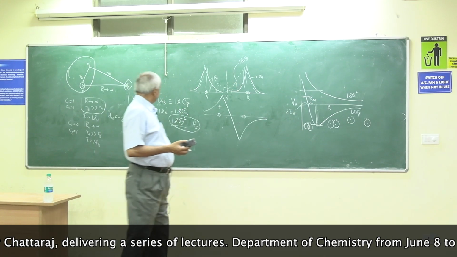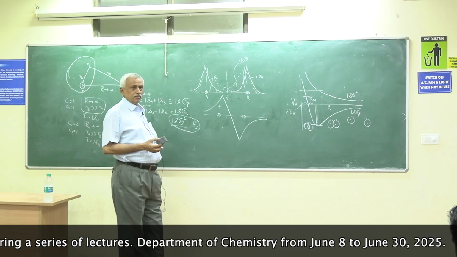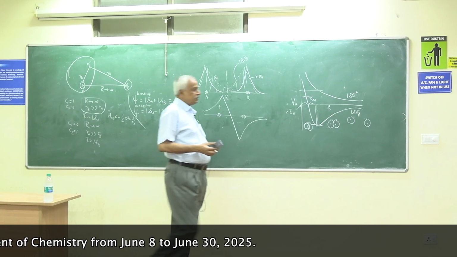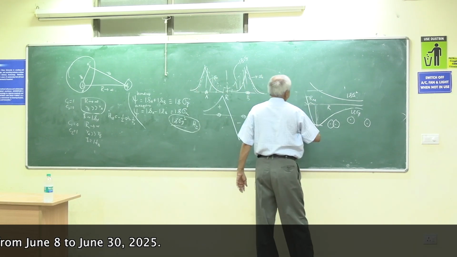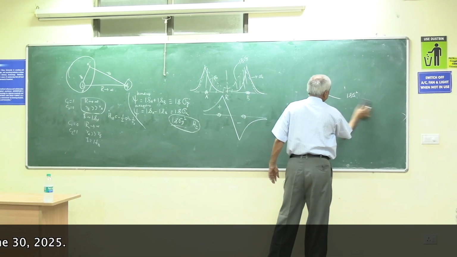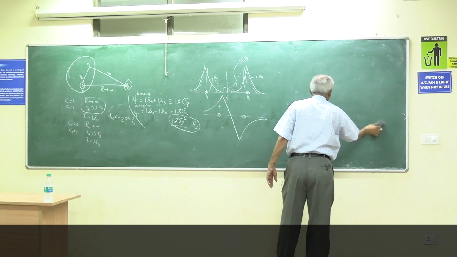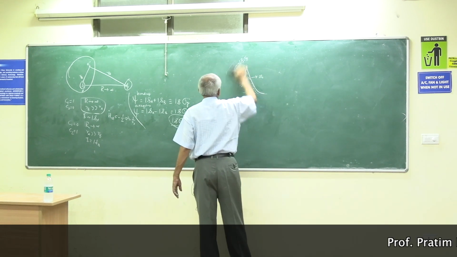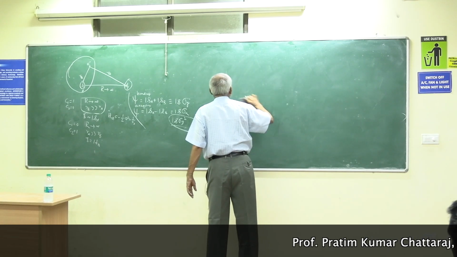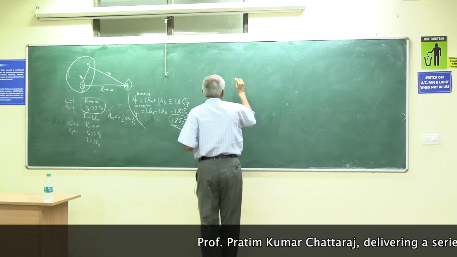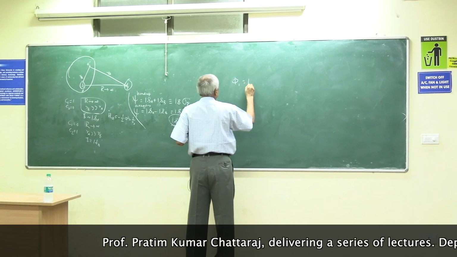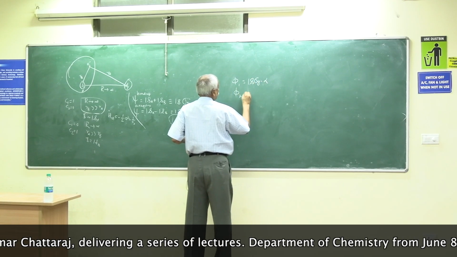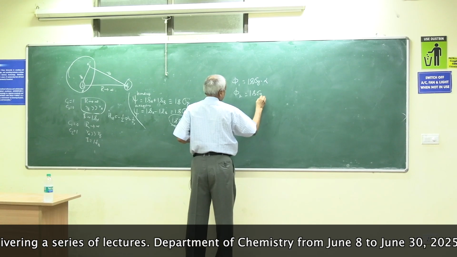How do you write the corresponding wave function? This is the electronic configuration anyway. Let's say phi 1 is 1s sigma g into alpha, phi 2 is 1s sigma g into beta.